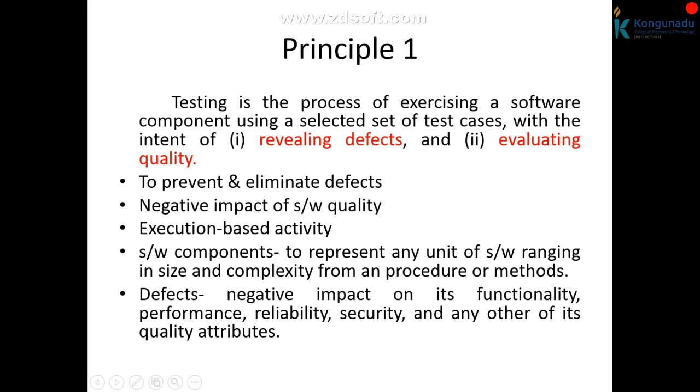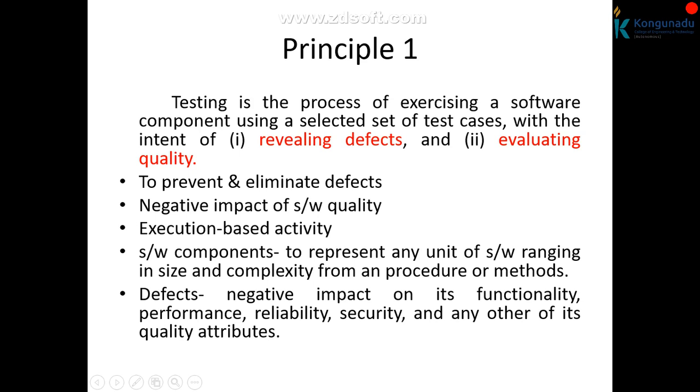Software engineers have made great progress in developing methods to prevent and eliminate defects, which otherwise have a negative impact on software quality. This first principle supports testing as an execution based activity to detect defects.